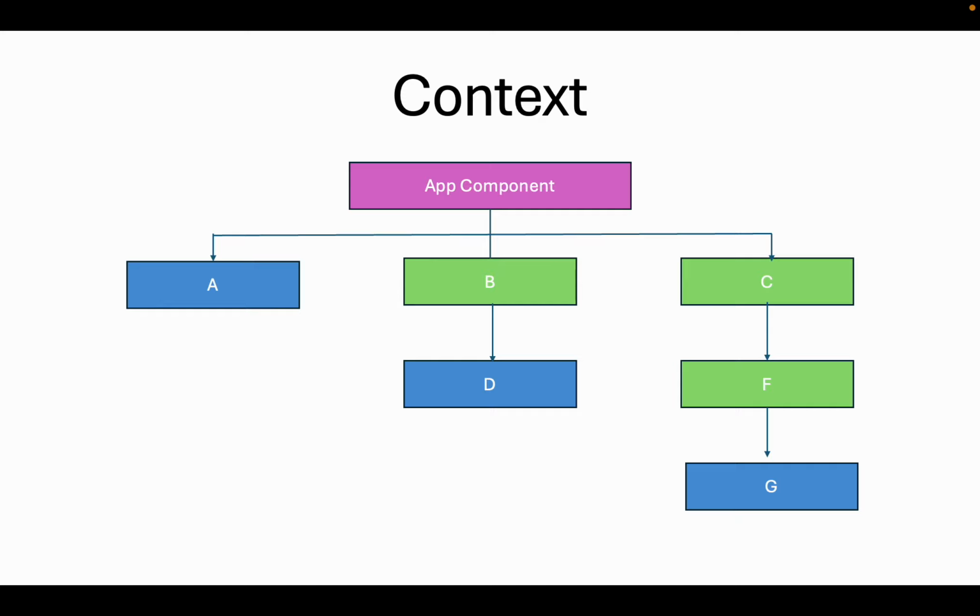Today, we will be implementing a three-level hierarchy of components, and we will be passing a username from the App component to component G, without passing it as props to C and F. By using Context API, we will see how we can pass the data from the App component directly to the G component.